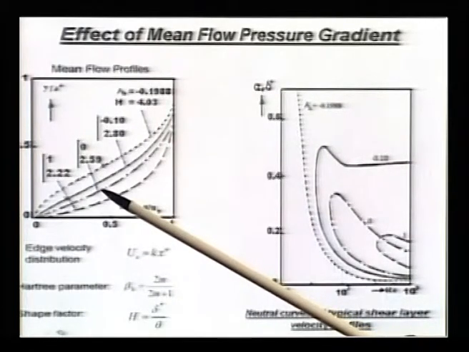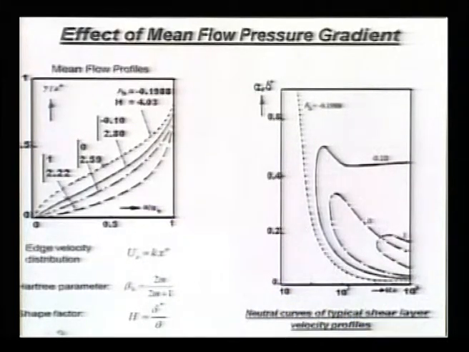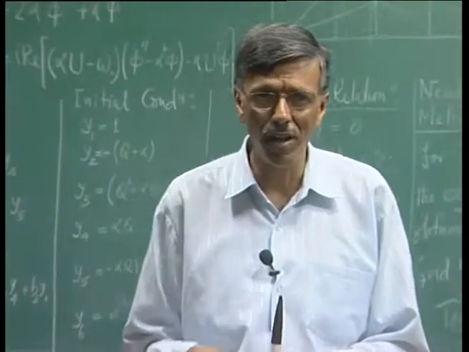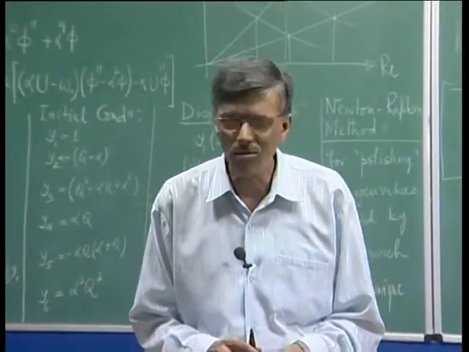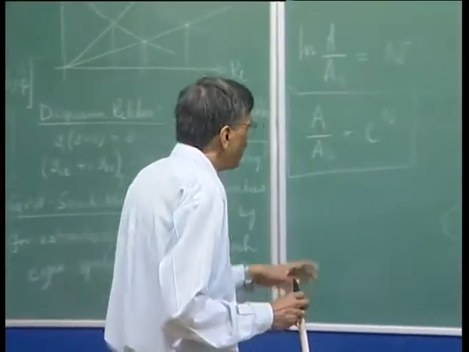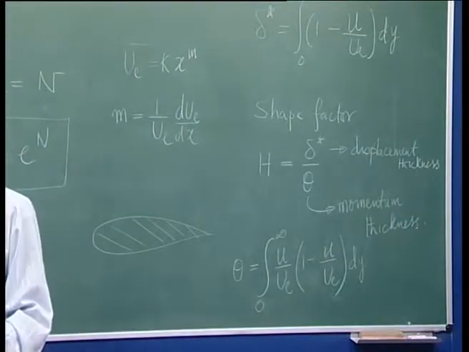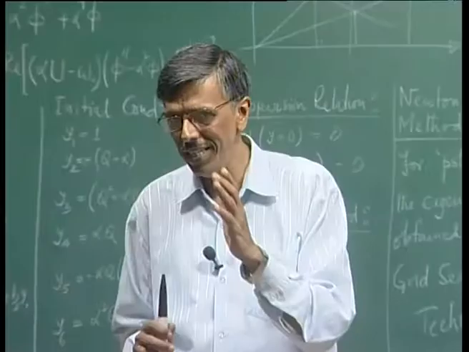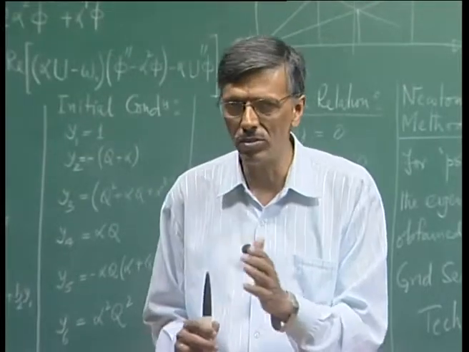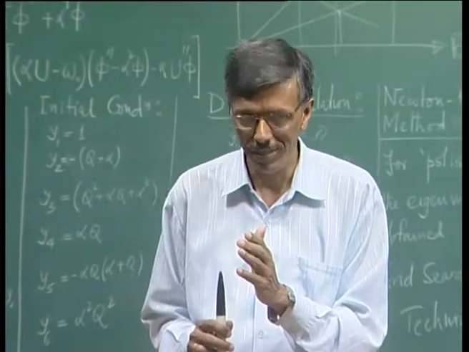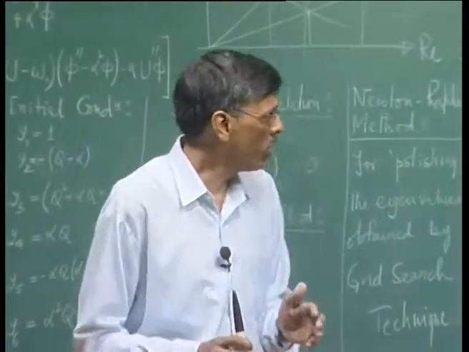Now, what I could do is create a flow with different values of m. What do negative values of m signify? M negative signifies d u e dx negative, which means u e is decreasing. So, what would that mean?